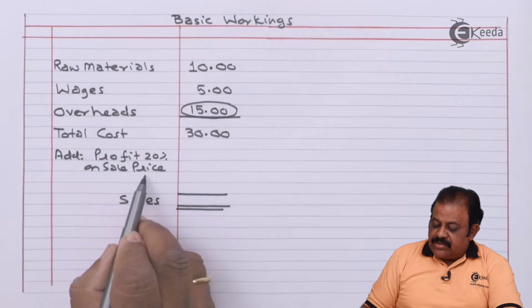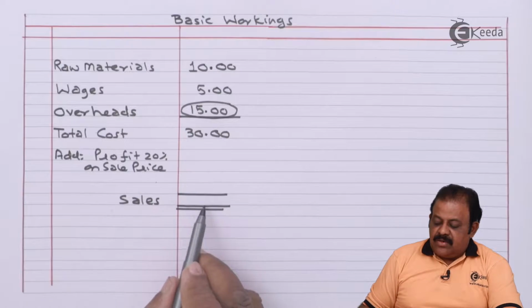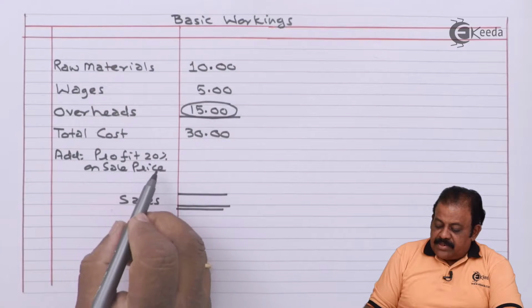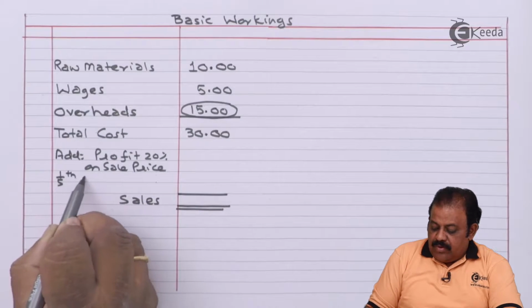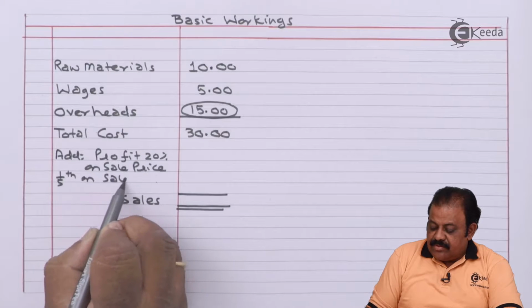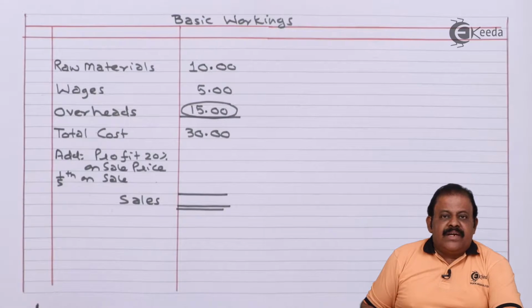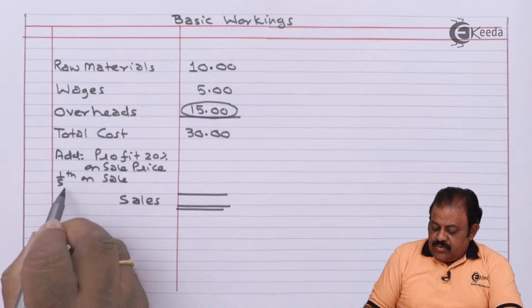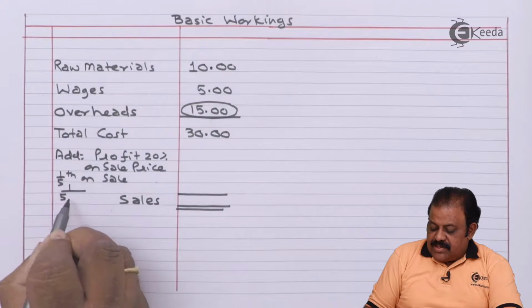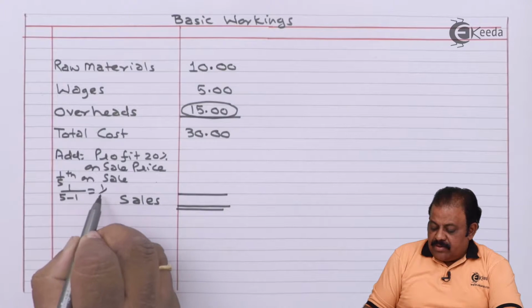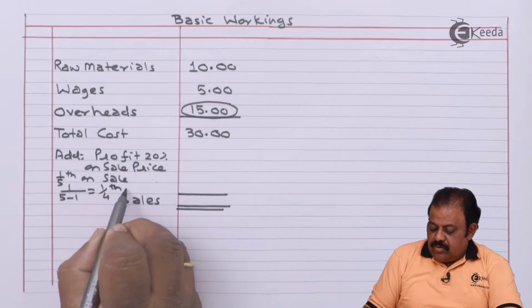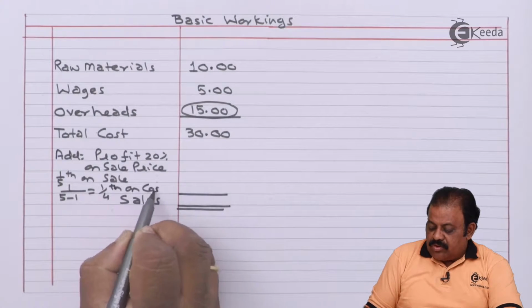Profit is 20% on sale price. We don't have sale price here, we have total cost. 20% on sales, that is 1/5 on sales. So we are required to calculate on cost. So 1/5 on sales, we deduct 1 from the denominator, and get 1/4 on cost.